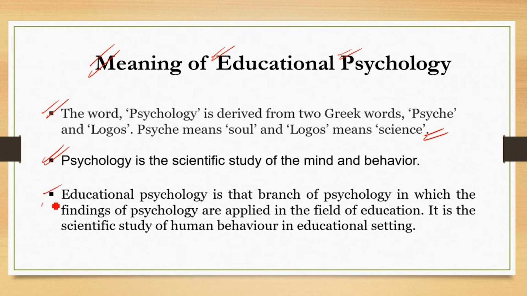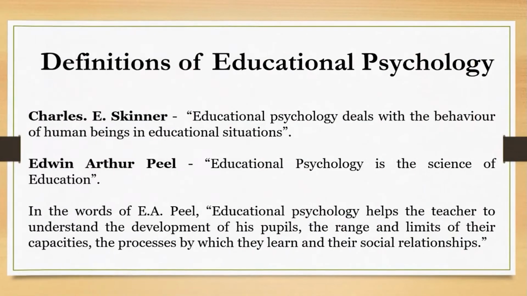Now, educational psychology is that branch of psychology in which the findings of psychology are applied in the field of education. It is the scientific study of human behavior in educational setting. So in simple words, in educational psychology, we are applying psychology to the field of education and we are relating between the two terms.